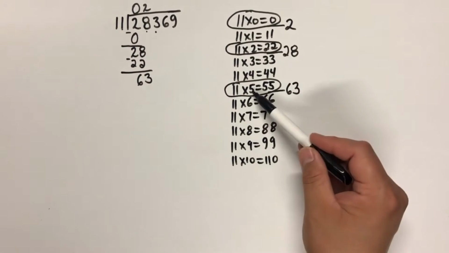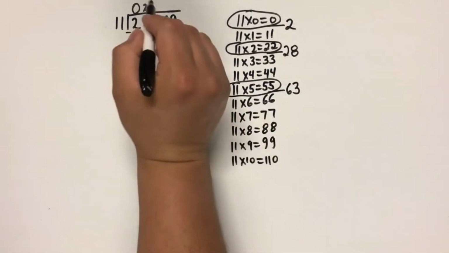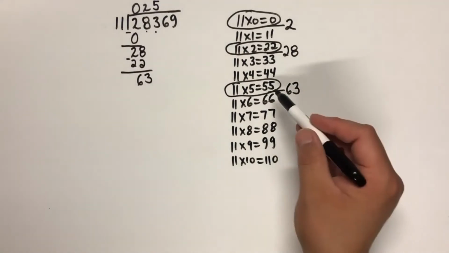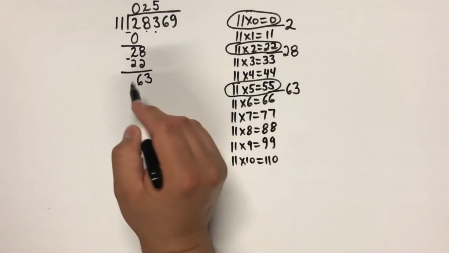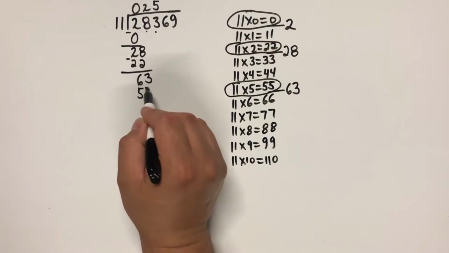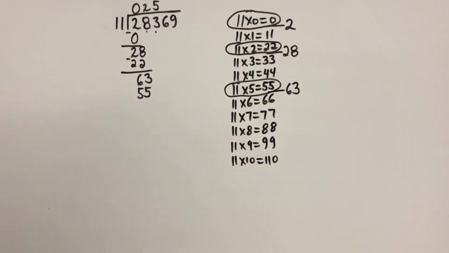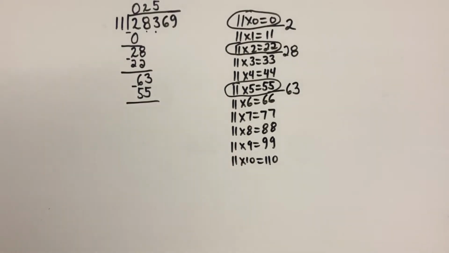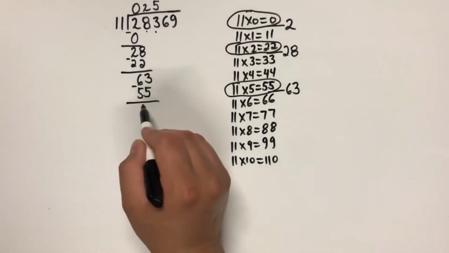And that 5 right there goes on top of the number 3, like so. And this 55 right here goes underneath the number 63. Okay, now I'm going to perform a subtraction of those two numbers. 63 minus 55 is 8.